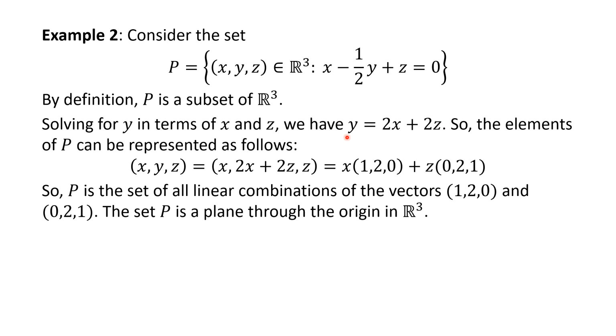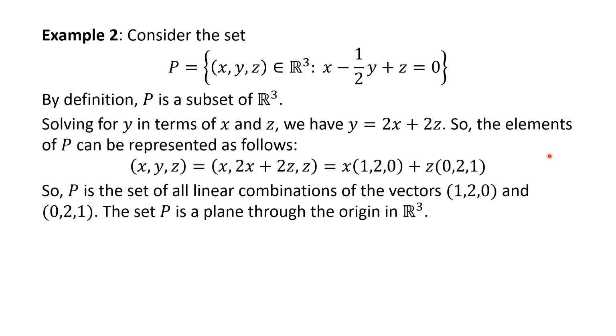So y equals 2x plus 2z. Then we can plug that back into our triple. So we'll have x, then y in terms of x and z, and then z. Then we can write this as x times the vector 1, 2, 0, there's no x in this last term, plus z times 0, 2, 1.